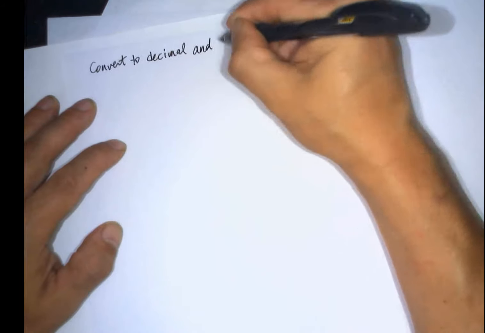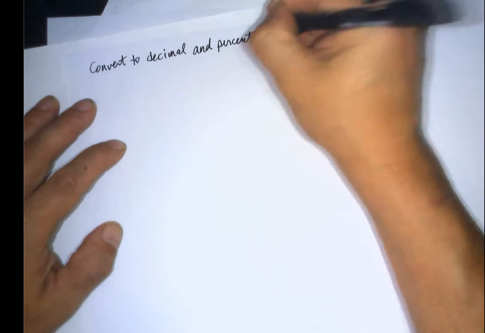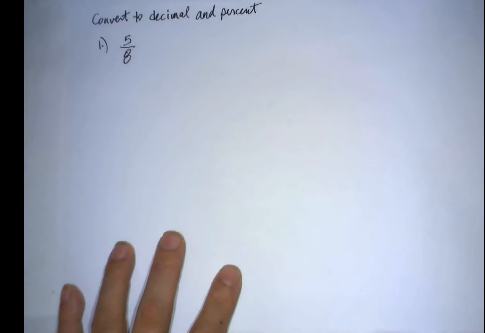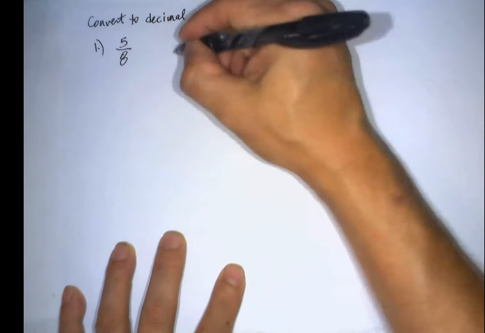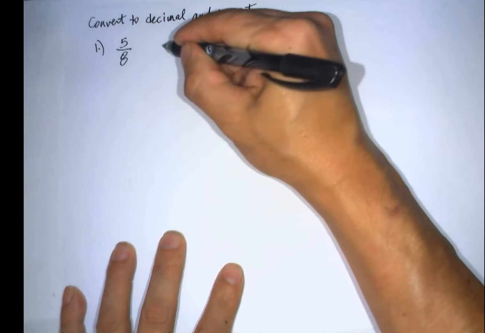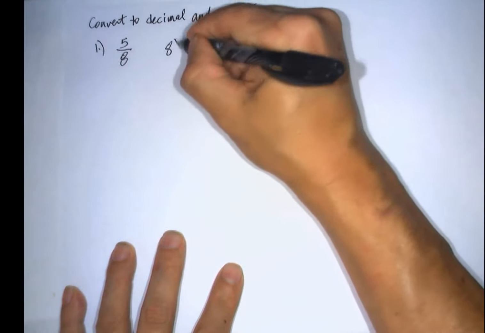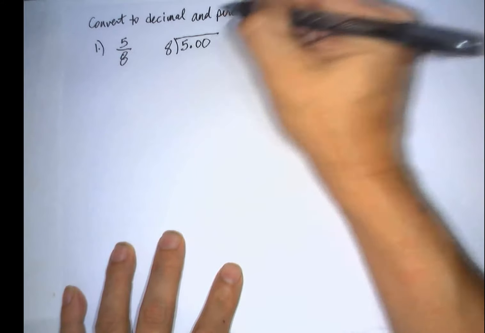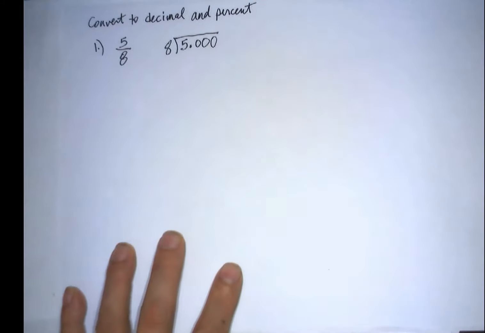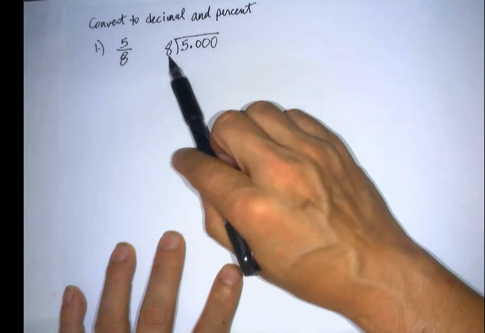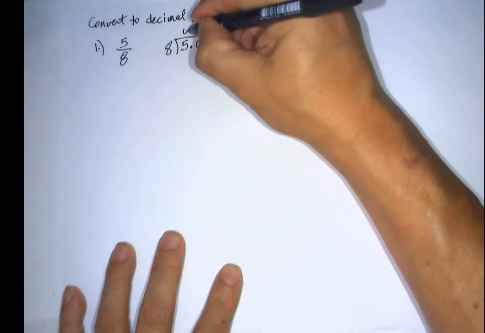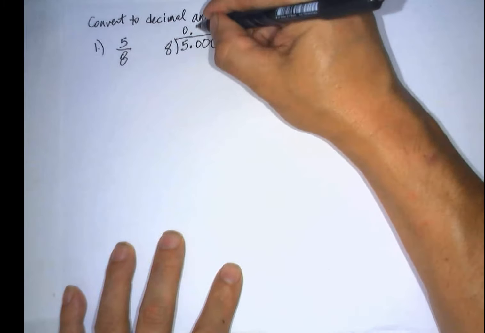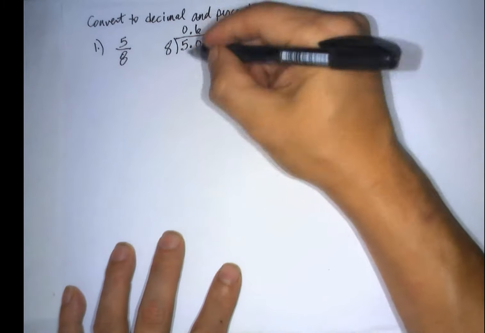Okay, so the first one we're going to look at is 5/8. I want to convert 5/8 to a decimal and a percent. Remember, this 8 comes out to the left and the 5 is on top. 8 does not go into 5, but it goes into 50 6 times. And 6 times 8 is 48.